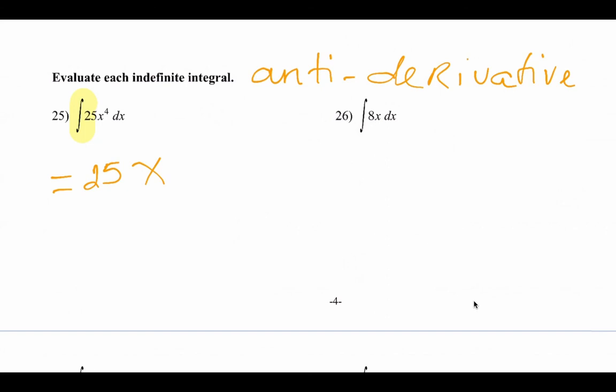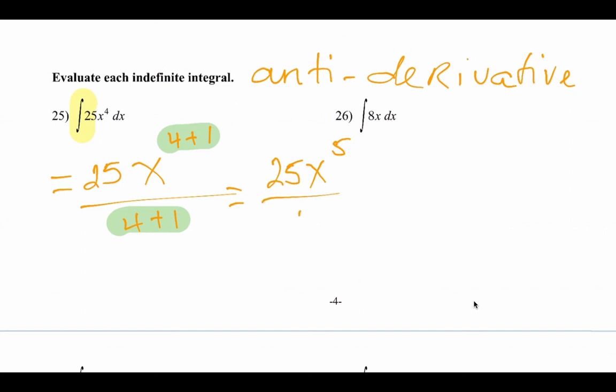But what we do with the power is add 1 and divide by the same thing. So 4 plus 1, right? I divide by the same thing. So if we look in here, 25 x to the 5th divided by 5. Simplify, so 5 x to the 5th plus c. Don't forget the plus c.